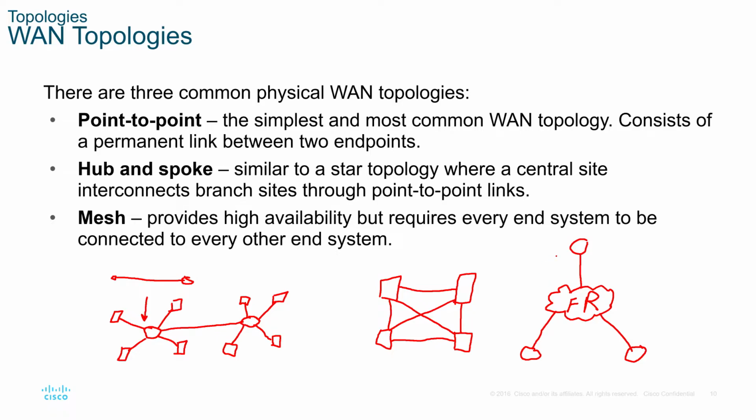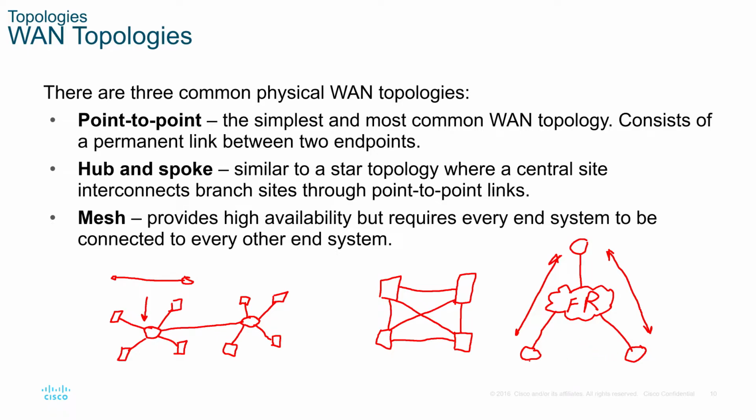In frame relay, we would buy a permanent virtualized circuit. If this was going to be full mesh, I would have to have 3 virtualized circuits. But as you can see, I have left one off at the bottom.